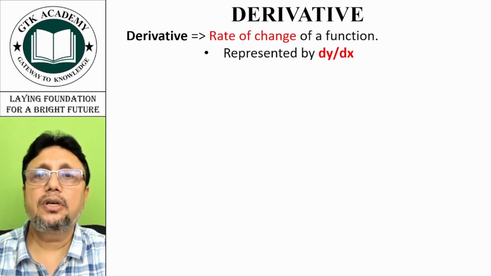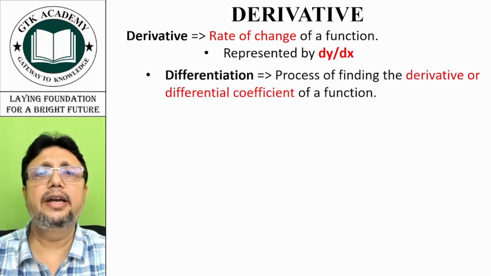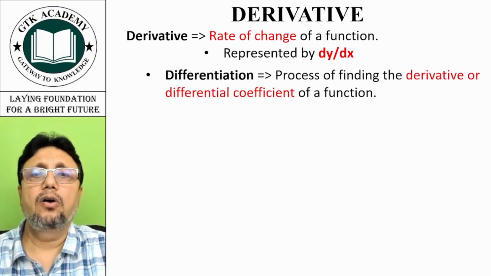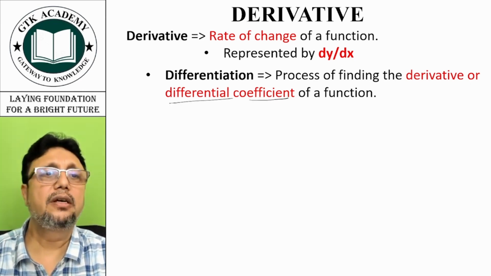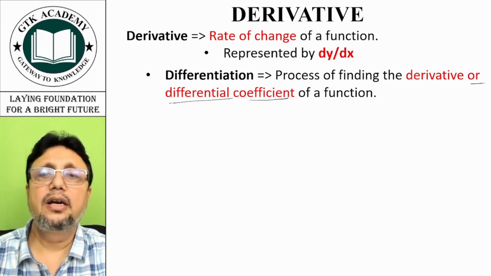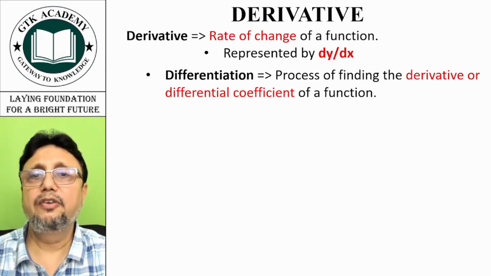Then we talked about differentiation. What is differentiation? The process of finding derivative. We also call it differential coefficient, or differential coefficient is called differentiation, which we'll discuss after differentiability.